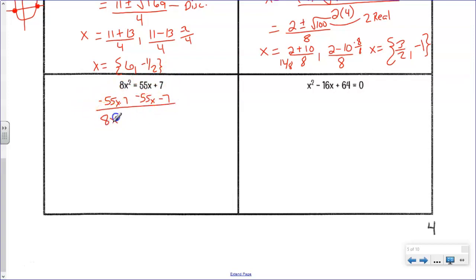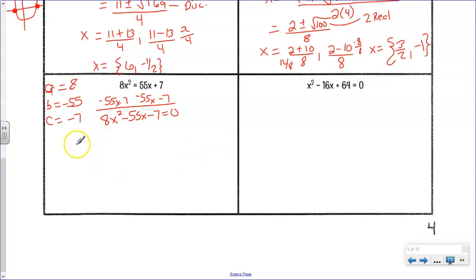So I get 8x squared minus 55x minus 7 equals 0. All right, so my A is 8, my B is negative 55, and my C is negative 7.